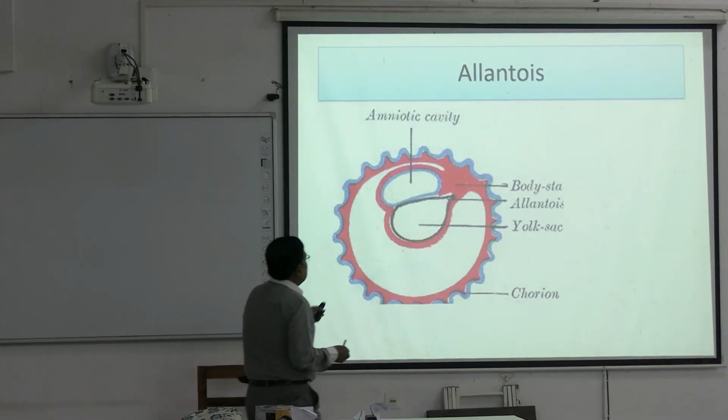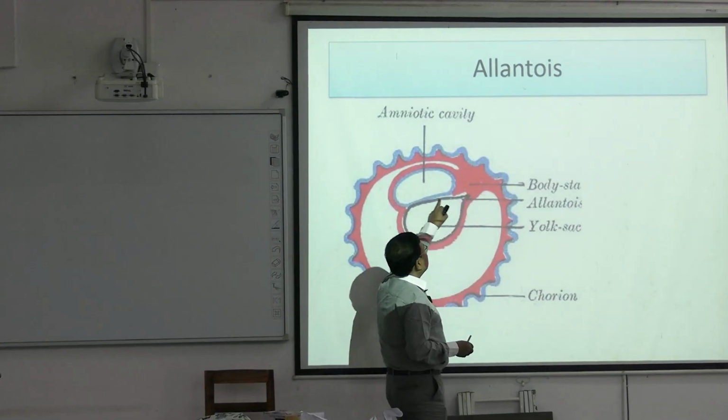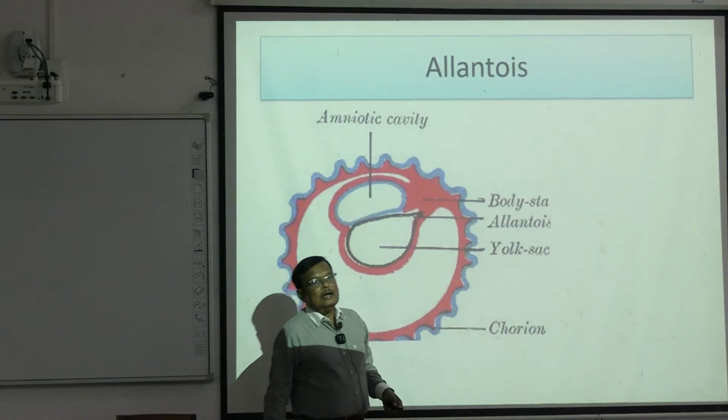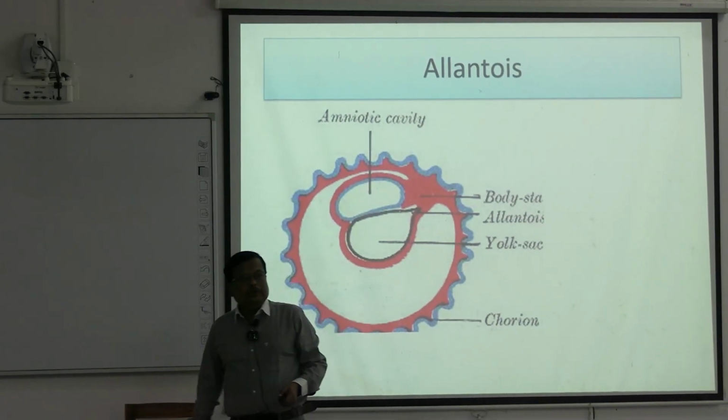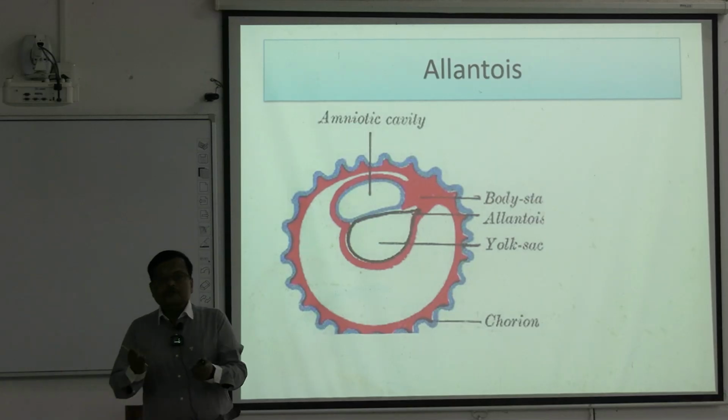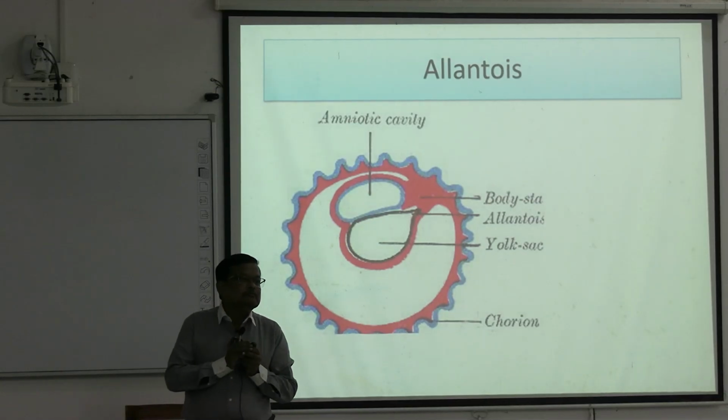And there is an extension of the yolk sac to the connecting stalk. This we call the allantois. We call it, very important, the allantois. What is it? A part of the yolk sac, right?